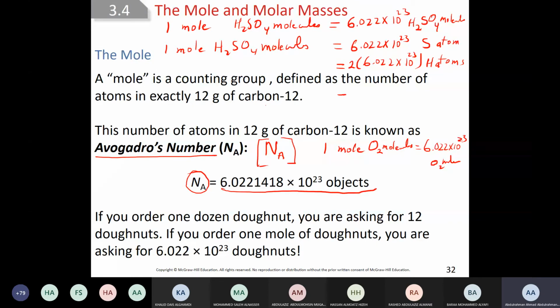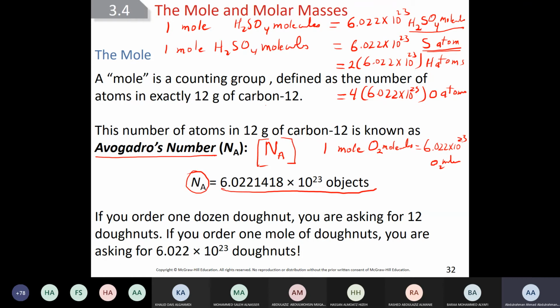Clear? How many oxygen atoms do I have? 4 times 6.022 times 10 to the power 23 oxygen atoms. Is this clear? So I'm doing the same thing, but I change the units. Here H2SO4 molecule. Here S atom. I took only the S. It's the same number, but I took only the S in this side.